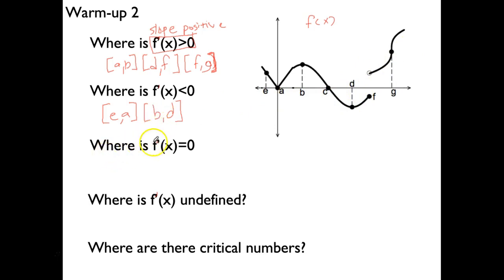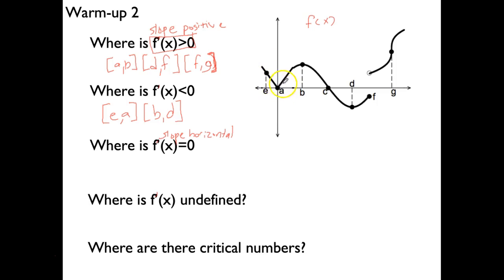Now where is the slope, the derivative, equal to 0? So when is the slope 0? Or another way to think about it, when is the slope horizontal? Let's look through here. The slope is not horizontal anywhere in here. It's always negative.